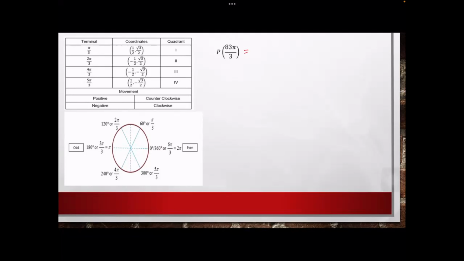If we're going to divide 83 pi over 3, what is the answer? 27.67 po. 27.67. This will be 27 pi plus yung 0.67 equivalent siya as 2 pi over 3. So therefore, magkakaroon tayo dito ng plus 2 pi over 3.